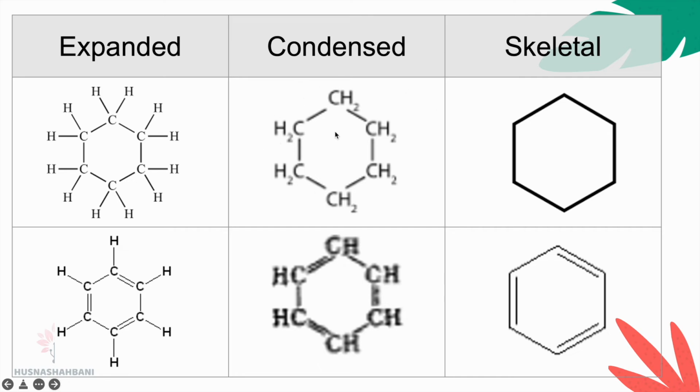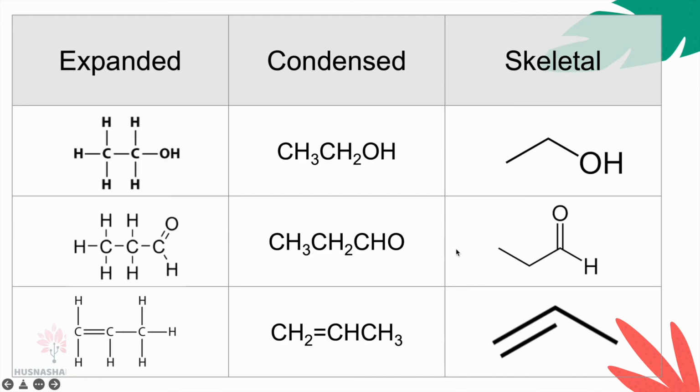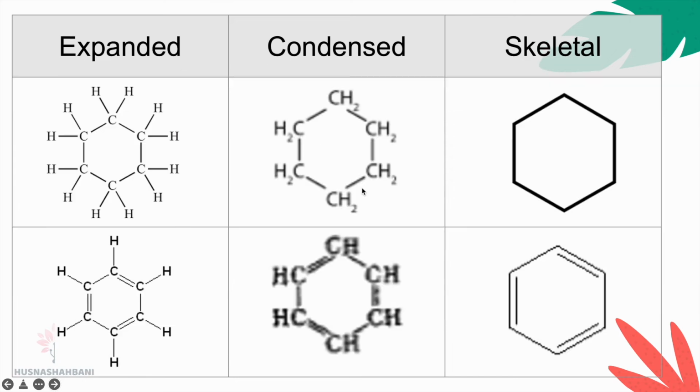In condensed structure, normally we don't show C single bond C, but if it is a cyclic structure, you have to show C single bond C to show that it is a cyclic structure. And this is skeletal structure. No hydrogen atoms or carbon atoms are shown.